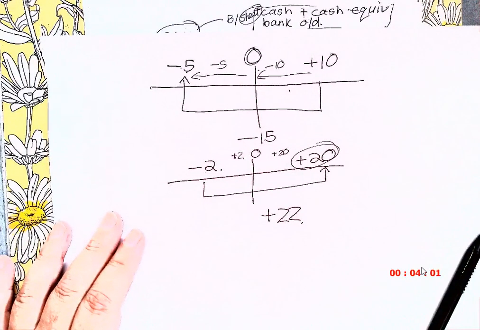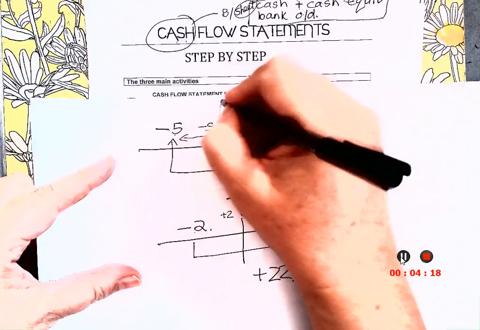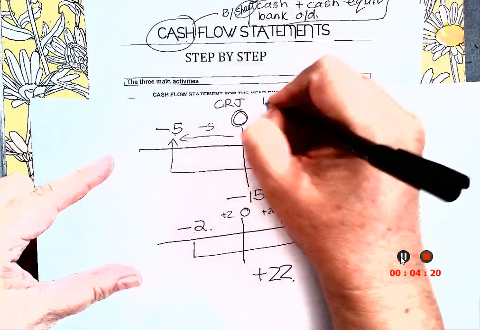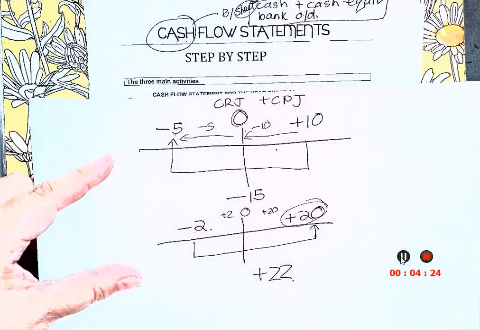Okay, let me just stop here because we're going off. Cash flow is about the cash moving, right? This isn't about it being a liability or an asset or an expense. This is literally, did I put this in my CRJ and my CPJ? Is this a cash receipt or a cash payment?